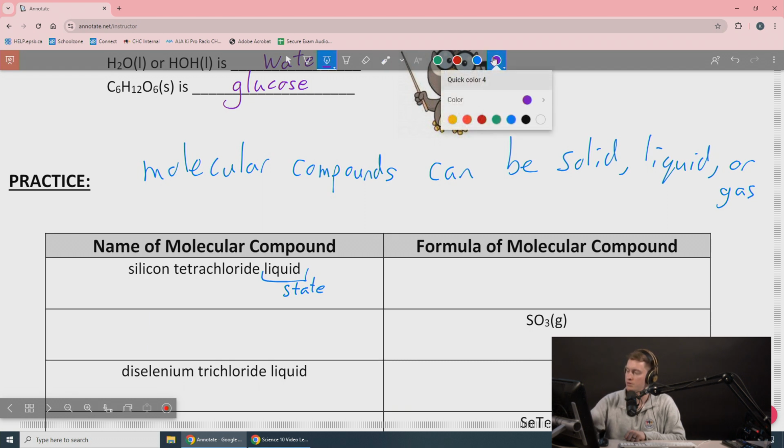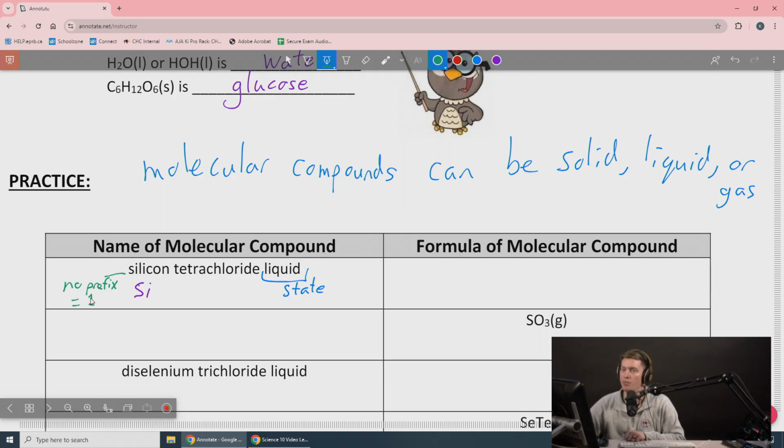So silicon, we can find that on our periodic table as Si. There is no prefix, so no prefix, which means 1, because we don't put the mono prefix on our first element in the compound. Silicon tetrachloride.